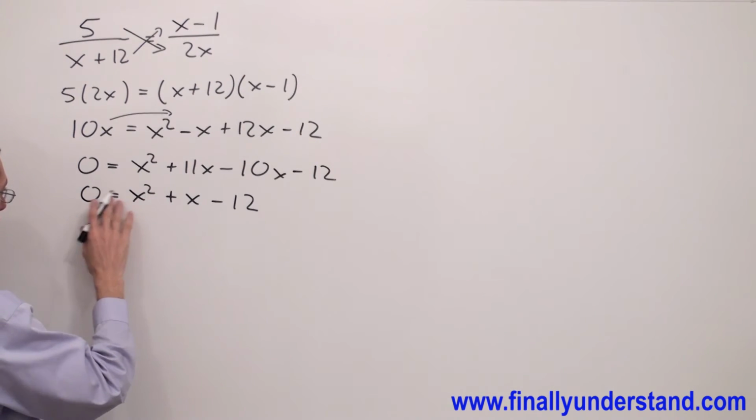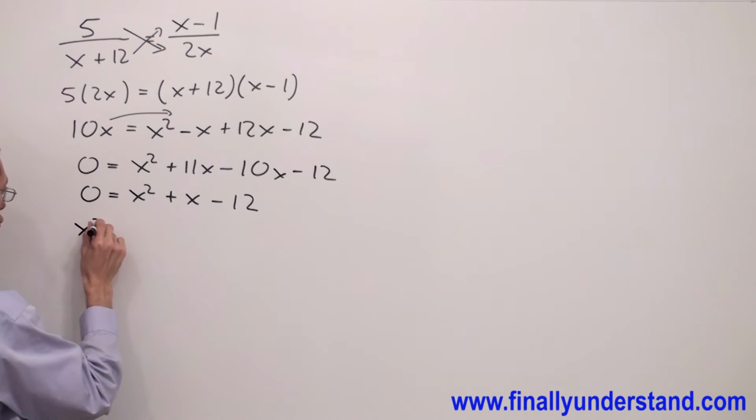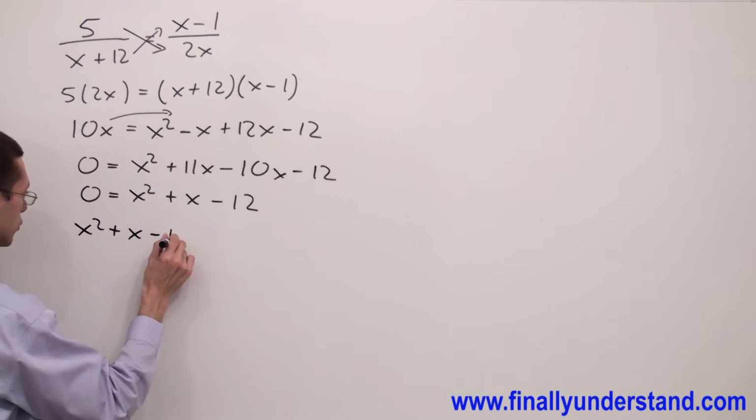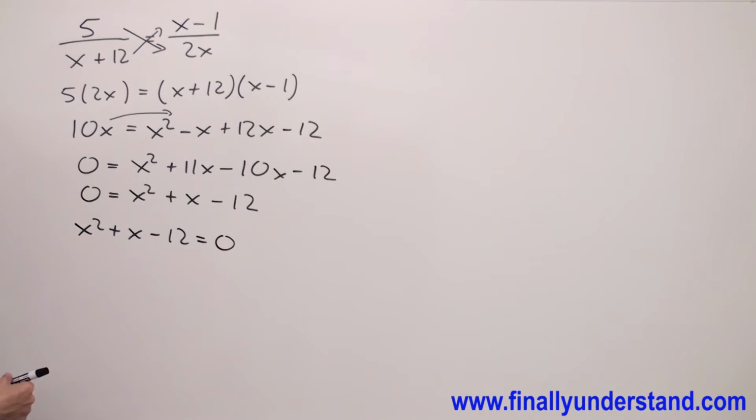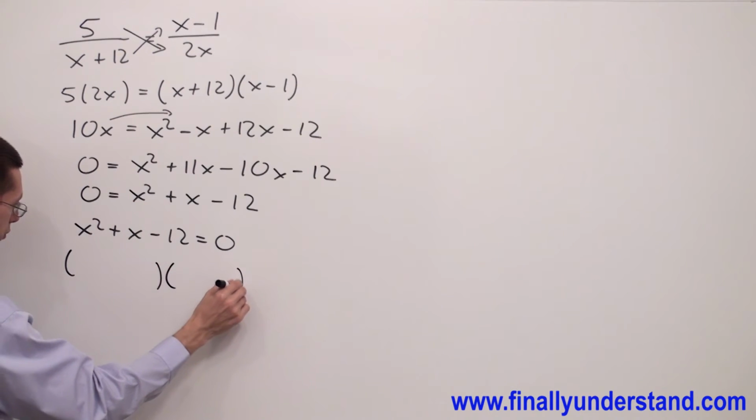Next, I'm supposed to perform factorization. I can rewrite this equation as x squared plus x minus 12 equals 0 in order to make this look a little bit easier. And I have parentheses because this is very simple.